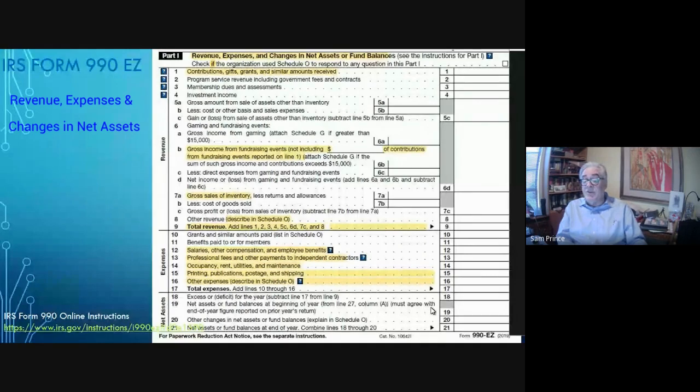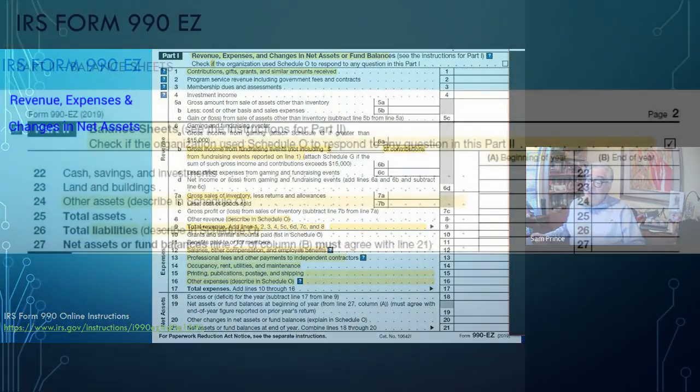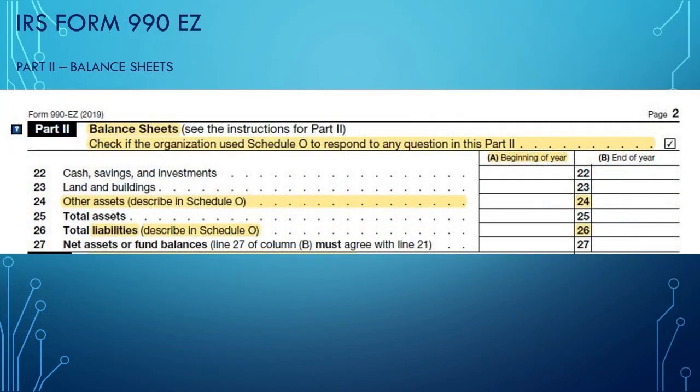The net value of everything that you've received during the year. Then you list net assets or your fund balance at the beginning of the year, changes during the year, and then line 21 is your net assets or fund balance at the end of the year. And that's essentially that form.